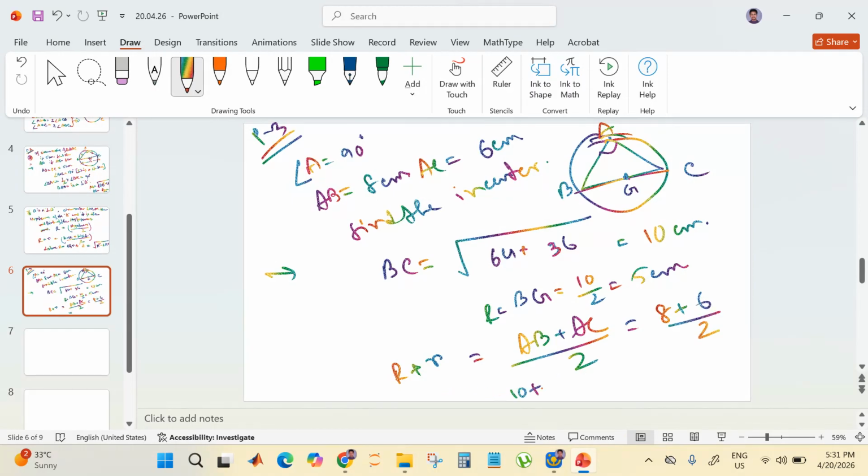So 10 plus small r equals 14 by 2, that is 7. So small r equals what? Oh, it will be negative. I think there will be some problem. Capital R is 5, not 10. Sorry. It is 5 because it is the half of the diameter. So capital R is 5. So small r equals 2.